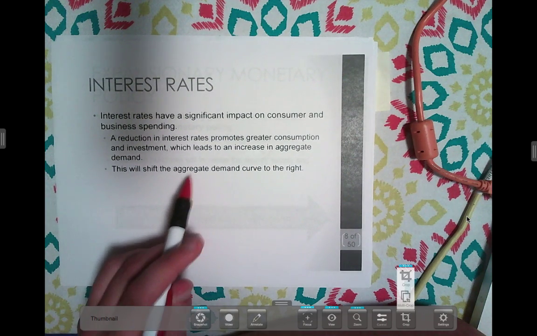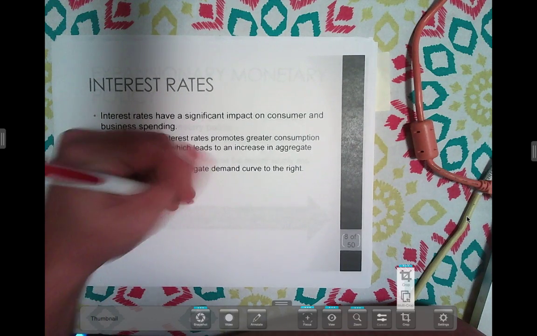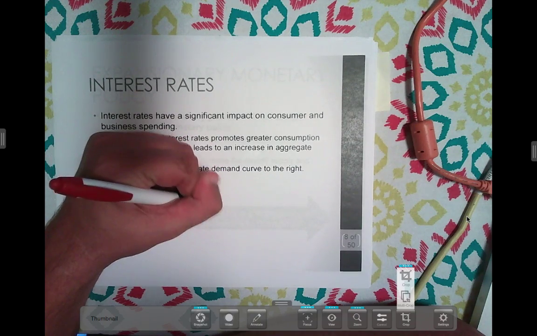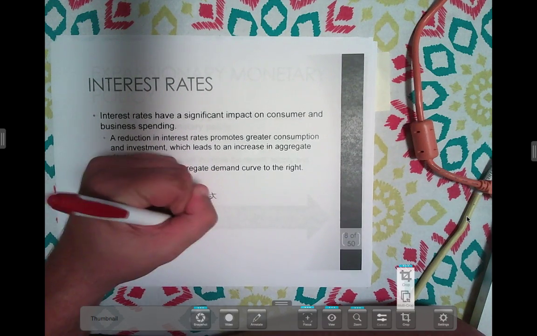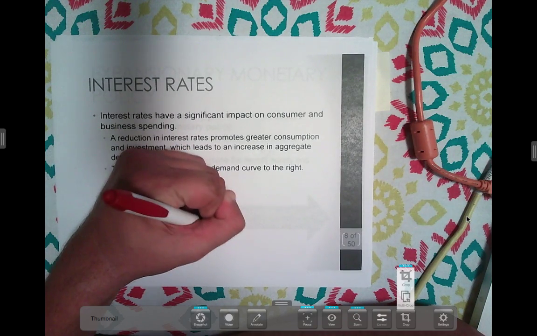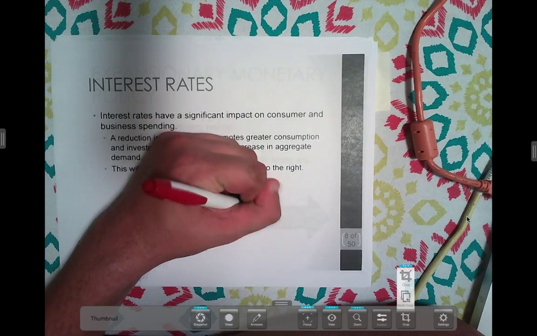And all of these are things that shift the aggregate demand curve. As the interest rate is lowered, it increases, or shifts to the right, the aggregate demand curve.